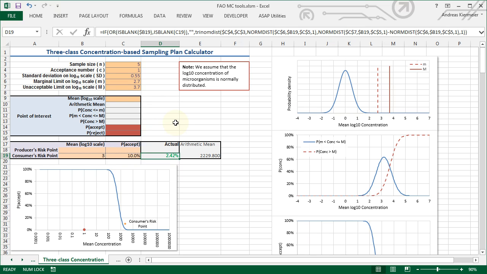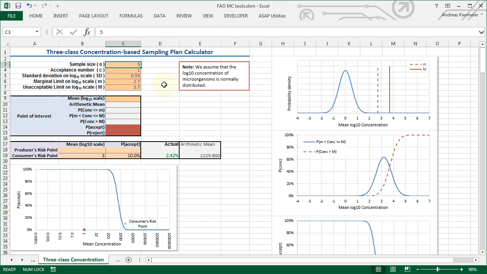Now, this actual 2.4% is quite a bit lower than the 10% that we have specified, and we might even be able to relax this sampling plan and reduce the sample size from 5 to 4. This still meets our consumer risk point, so let's drop it down one more, but dropping it to 3 no longer does. So the smallest sample size that will meet our consumer risk point in this case is 4.